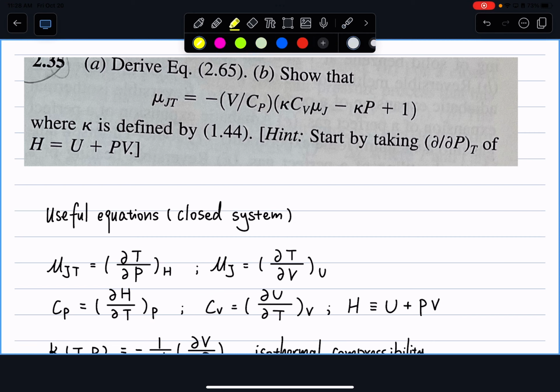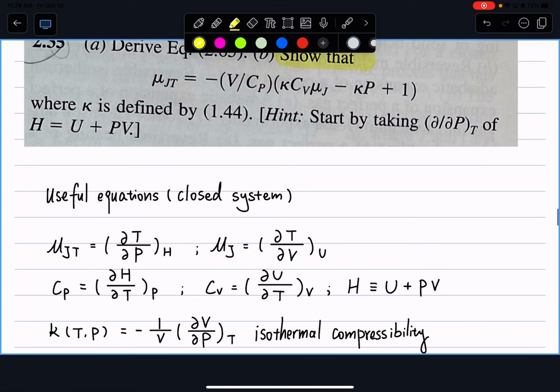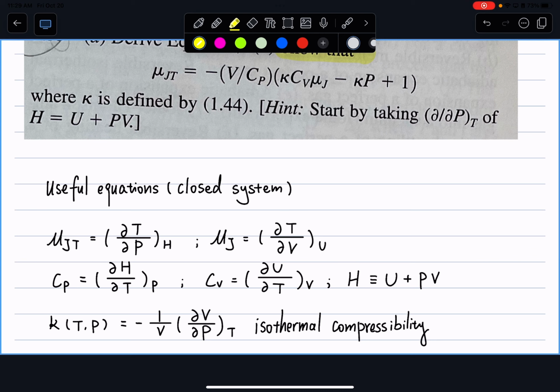Now let's look at this problem here, 2.35b, where we're trying to link the Joule-Thomson coefficient with the Joule coefficient, and also heat capacities or the isothermal compressibility. So I'll put this useful information here, and then let's do the derivation together on the board.